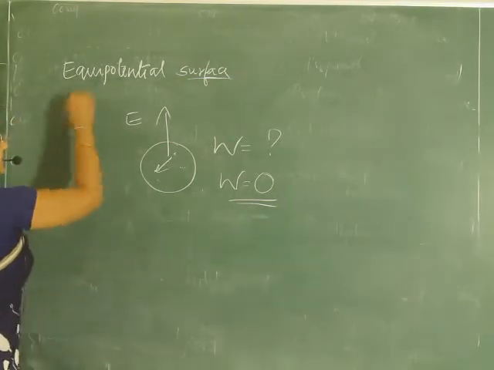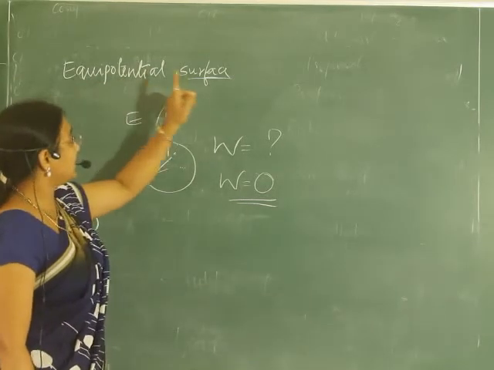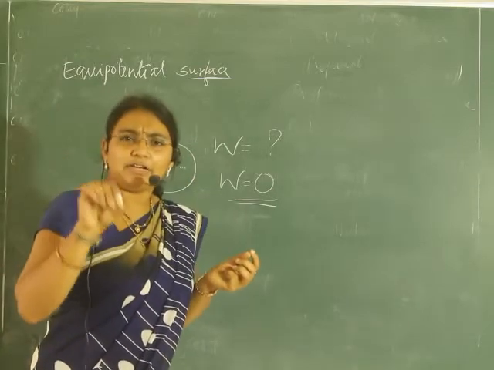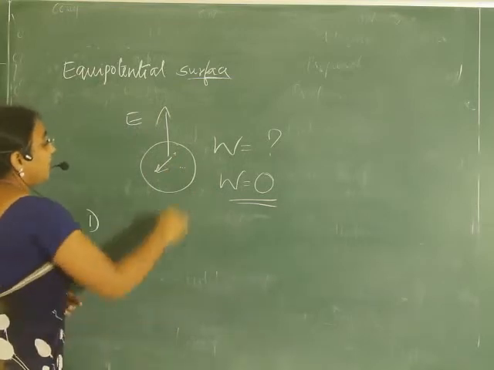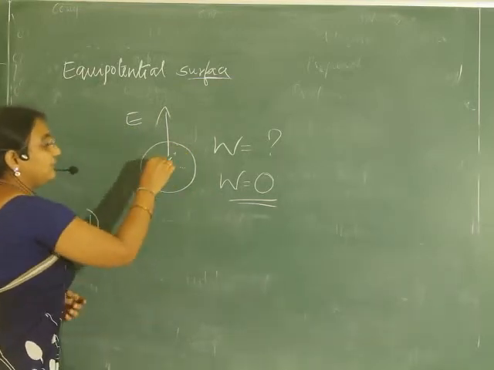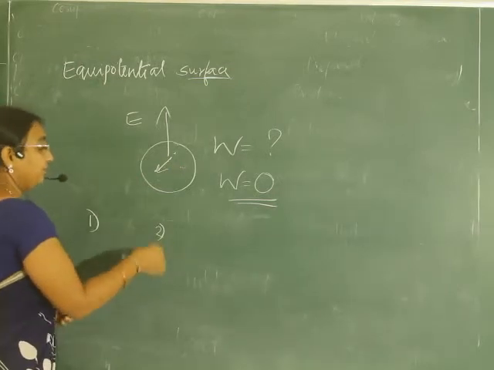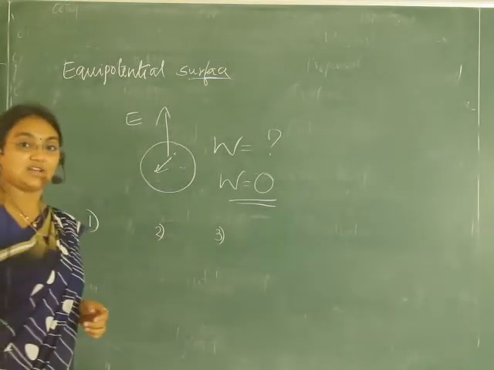So these are the few points. First point, on the equipotential surface, every point on the equipotential surface is having same potential. Then work done in moving the charge from one point to another point in an equipotential surface is 0. Then third point, no two equipotential surfaces cross each other.